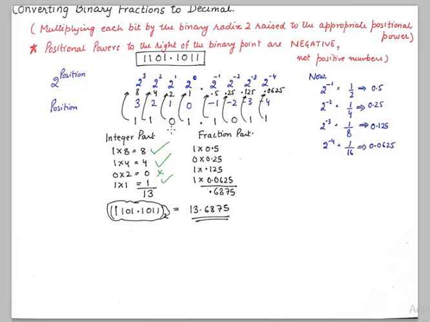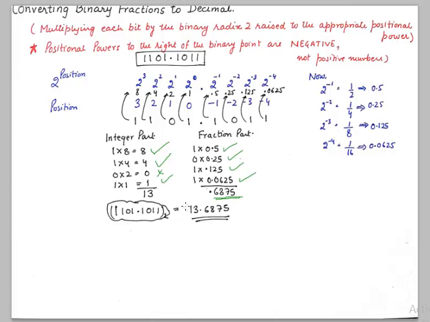So this number was 13 anyway, we knew that. But the fractional part, this 1 gets multiplied by 0.5 on the same concept level. This 0 gets multiplied by 0.25, 1 gets multiplied by 0.125, and this 1 gets multiplied by 0.0625, and adding these up will give me a fractional value of 0.6875.